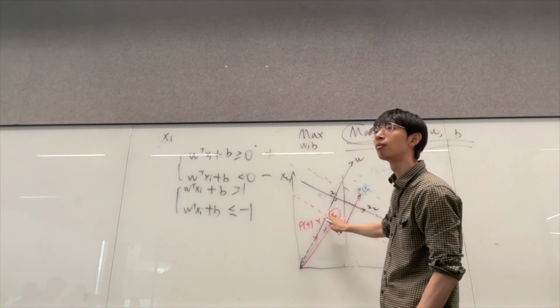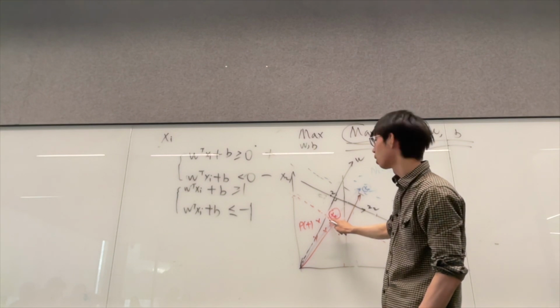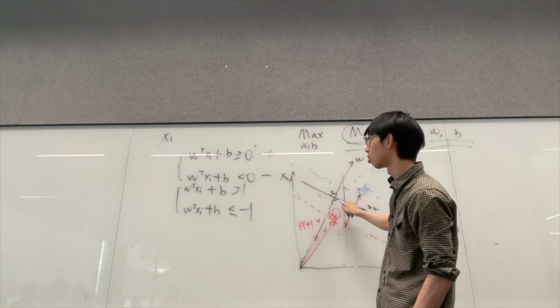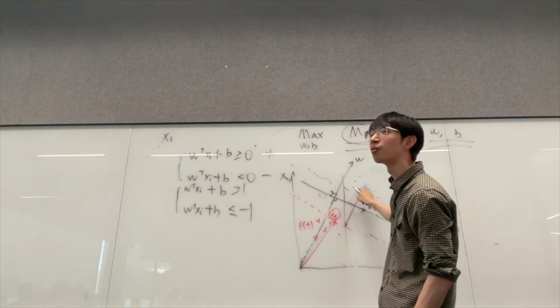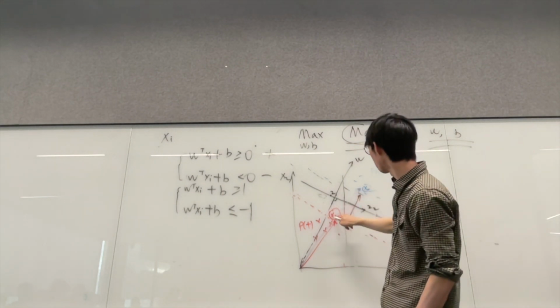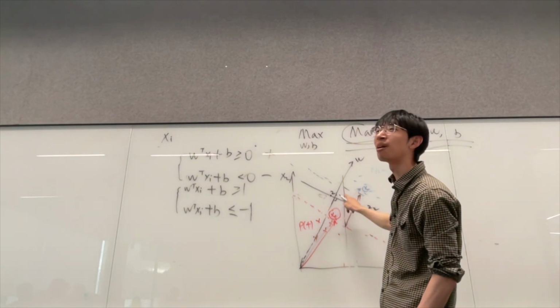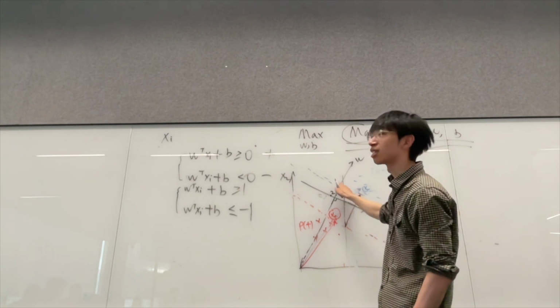So we can get the points at which it intersects the parallel lines, the positive and negative lines, and we calculate the distance between those two points on this line.